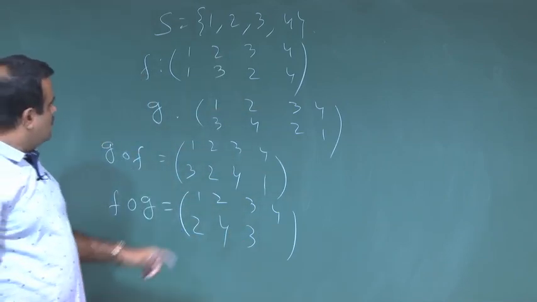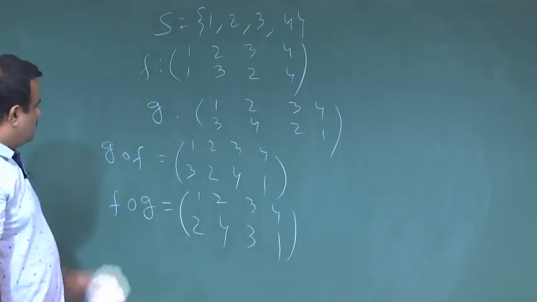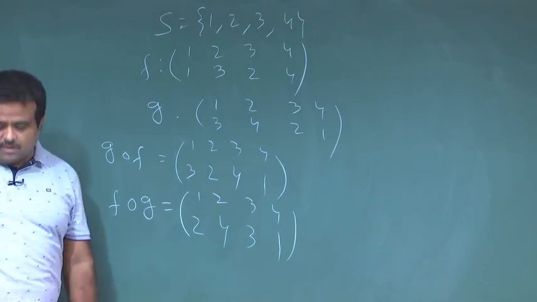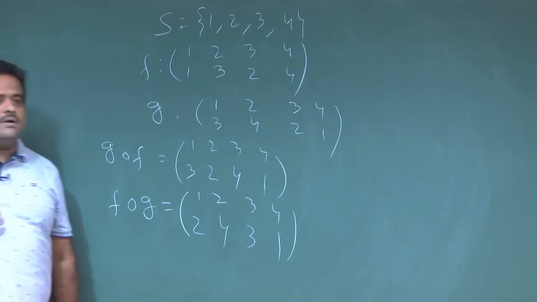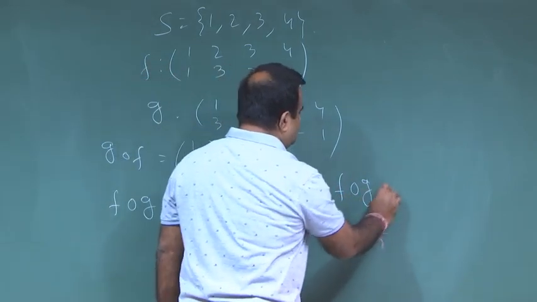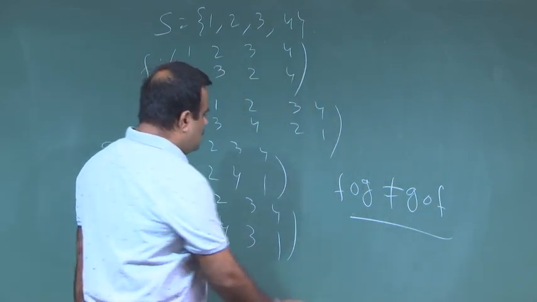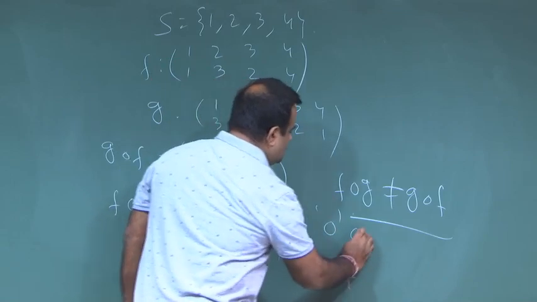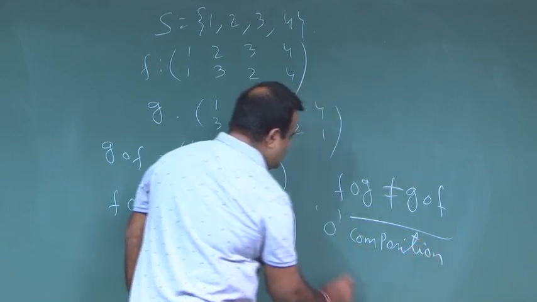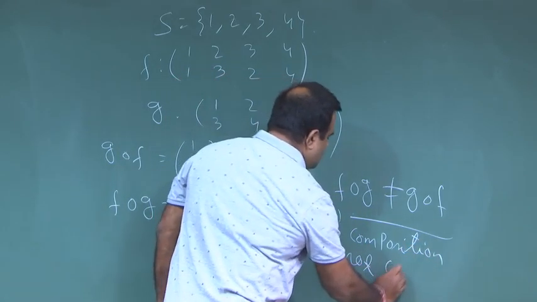Then 4 goes to 1, and 1 goes to 1. So these two permutations are not the same. That is why composition of functions is not commutative. That means f compose g is not the same as g compose f. So this composition operation is not commutative.